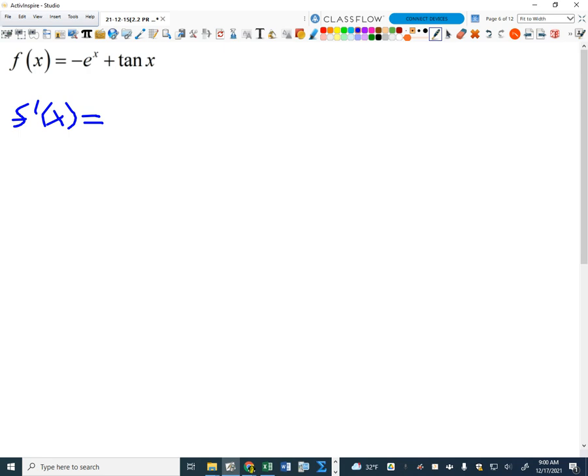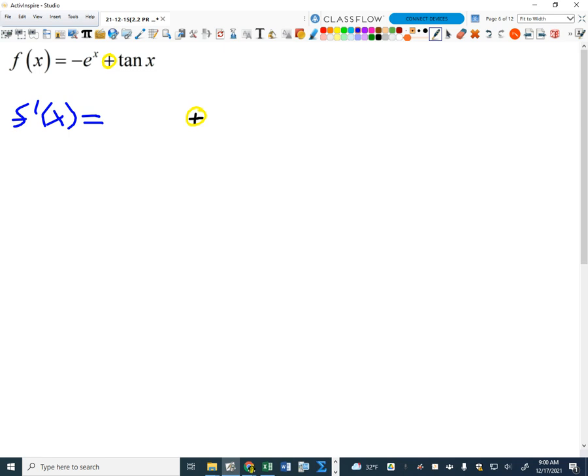Now I've got a sum of terms, right? So I know whenever I've got a sum of terms like that, I can just add up the individual derivatives. I can differentiate term by term. So what's the derivative of negative e to the x? Negative e to the x, right?